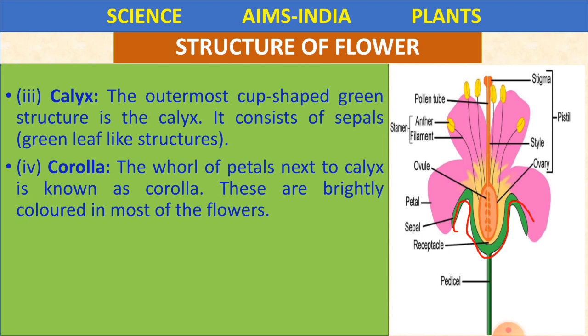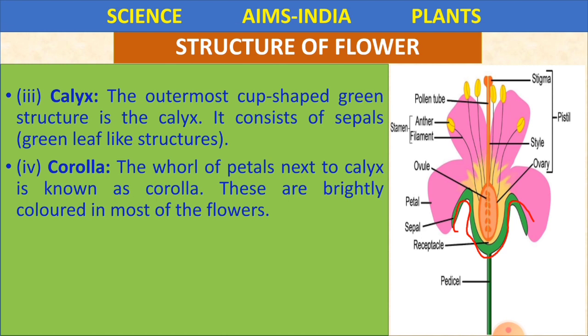What is this? The whole of the petals next to the calyx is known as the corolla, and these are brightly colored in most of the flowers. So the corolla is nothing but the petals, the whole of the petals. See here, they are brightly colored.